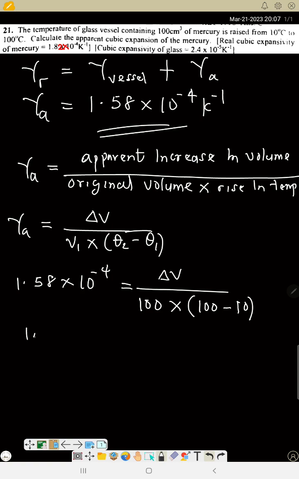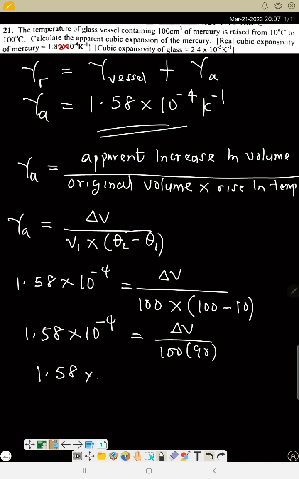So now 1.58 times 10 raised to power minus 4 equals apparent increase in volume over 100 times 90, that is 9,000.